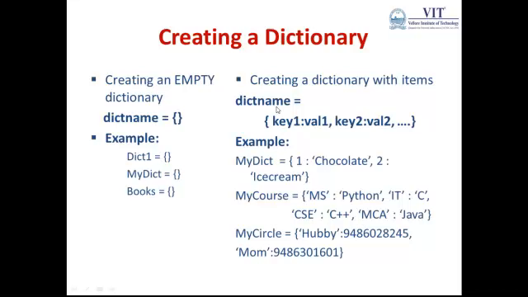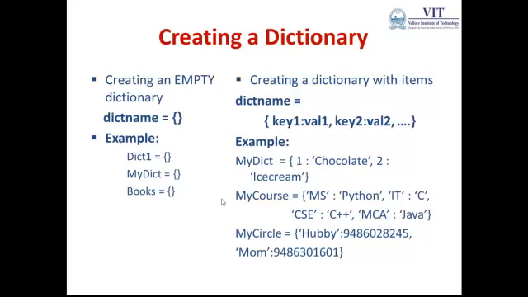Look at the dictionary name equal to, and each item will be represented as, as I said earlier, a pair of entities, a pair of items, a key and value separated by a colon. Look at key1 colon value1, followed by the second item, key2 colon value2. Likewise, you can add any number of items.